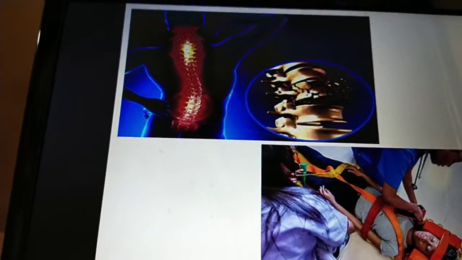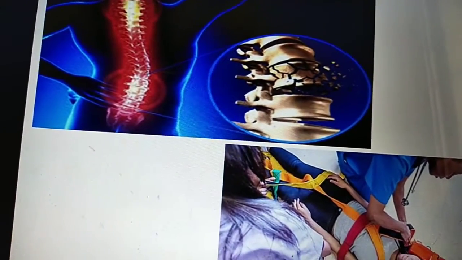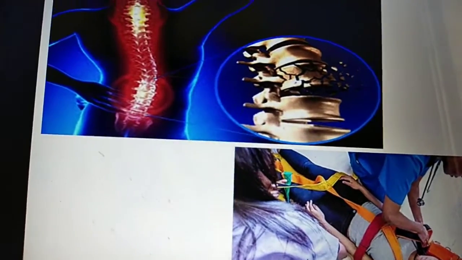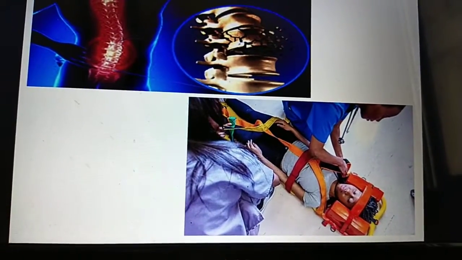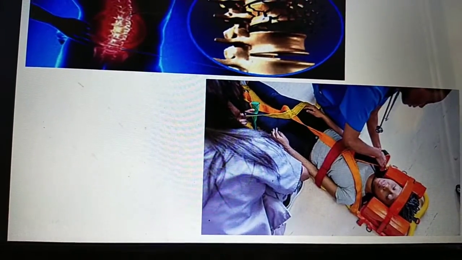Then spinal injuries. This is another important applied anatomy of the spinal cord. In spinal injuries you must not move the spinal cord. There is one procedure to lift the patient on the spinal board.